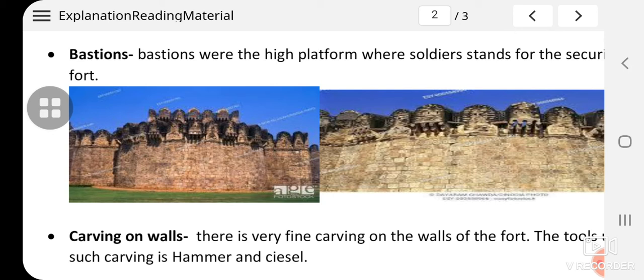But these are a small part constructed, peeping out of the wall, and these are called the bastions. In many historical movies you might have seen people standing there and telling that the enemy is coming, or dropping some fighting things for a war. So these places are called the bastions.